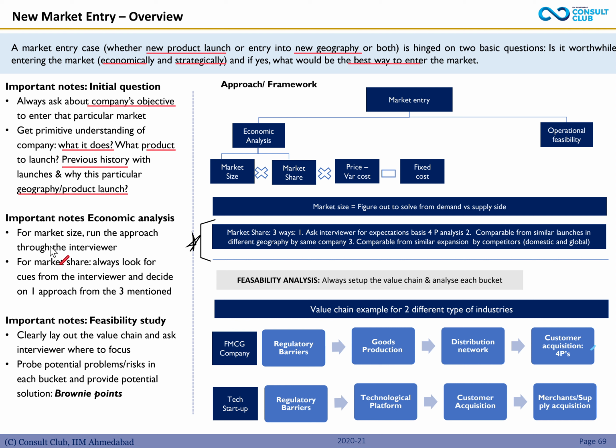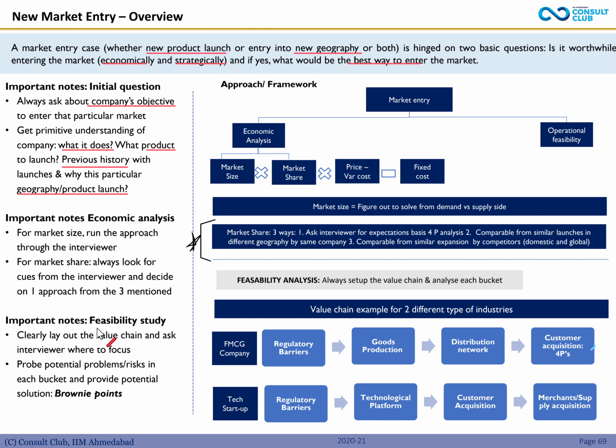And for market size, you always run either through bottom up or top down. We're going to cover that also when we go through interviews one by one, where you see live in action how the candidate is trying to navigate through it. But always you have to size the market to figure out how big the market is, and you have to find the market share to get a realistic idea of how much of the market the company can capture if they launch this product.